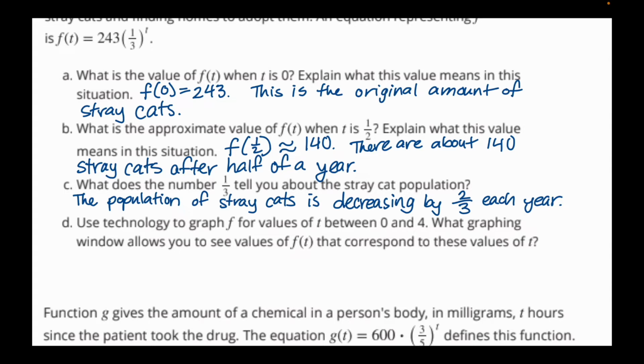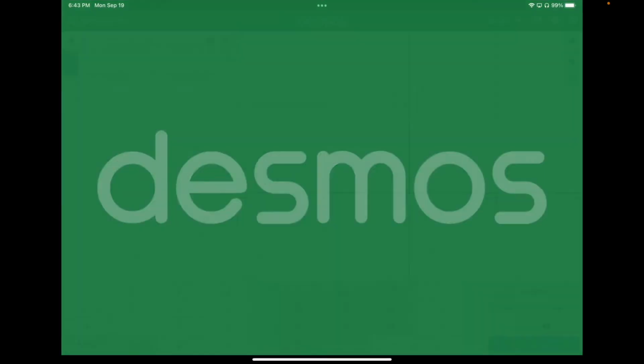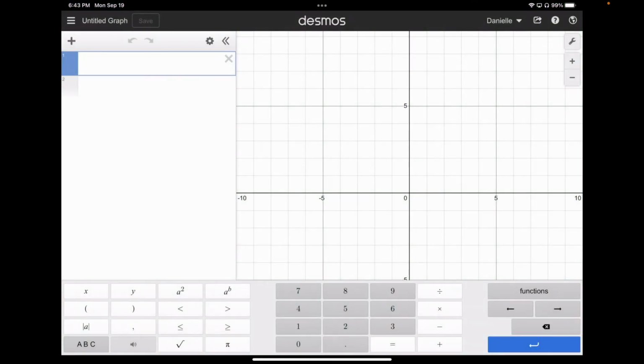Now it says use technology to graph f for values of t between 0 and 4. And what graphing window allows you to see values of f of t that correspond to these values? So let's go with our original equation here. I am going to move over to the Desmos graphing calculator and plug this formula in.